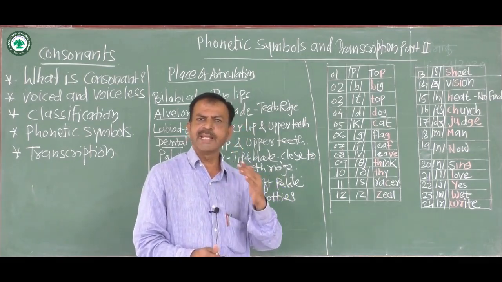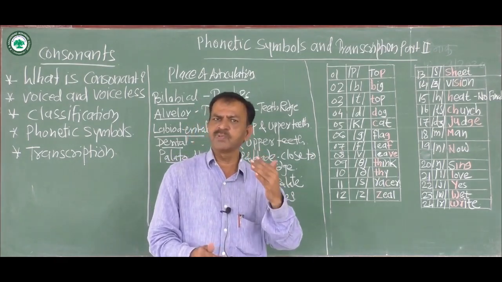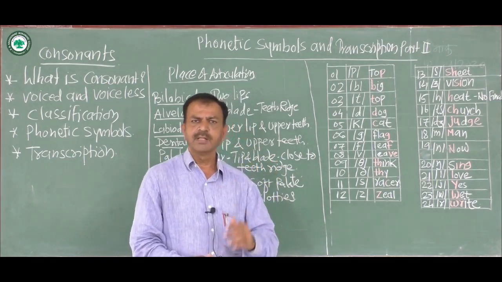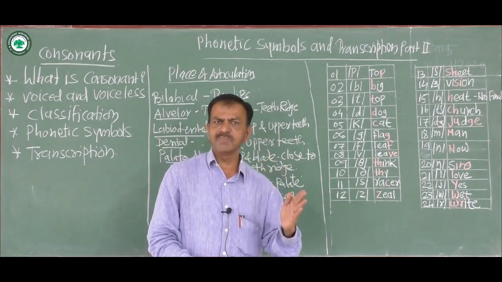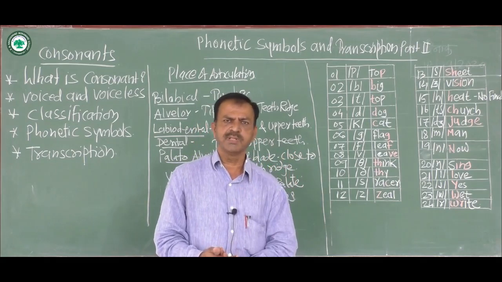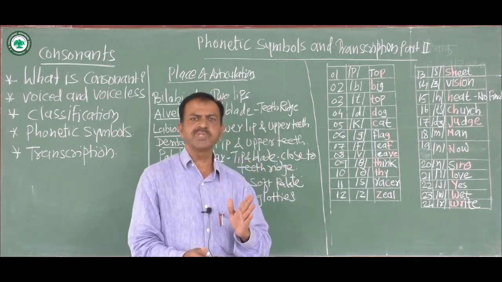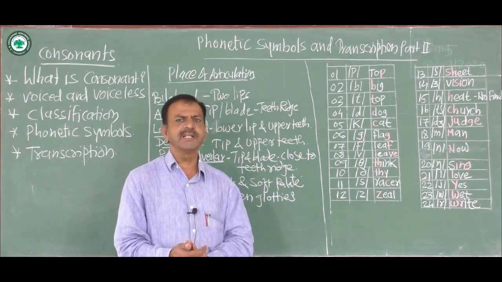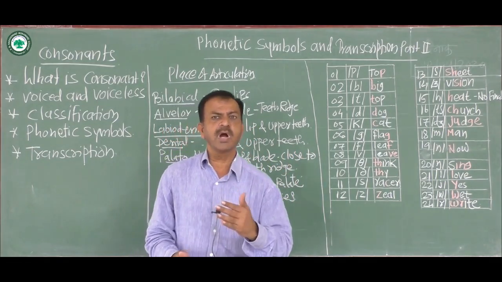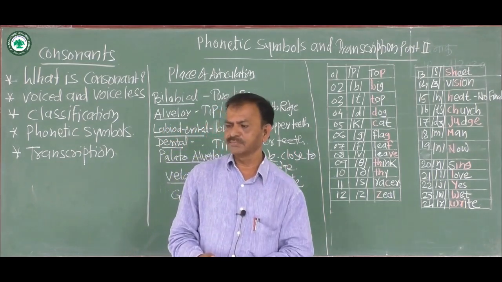Or TALK. We pronounce the word as talk, but T comes at the initial position. So here, at the initial position, T is aspirated. So we have to say talk with aspiration.